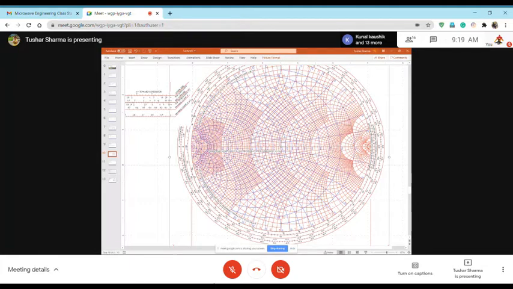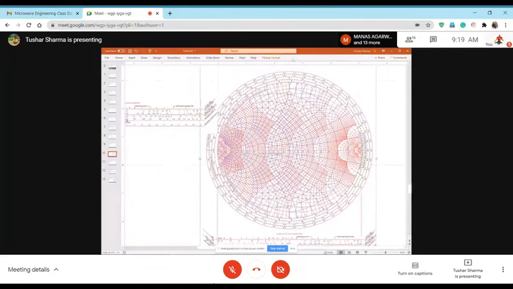If you see on this Smith chart, the upper values here 0.8, 0.9, 1, 1.2, 1.4, 1.6, 1.8, these are all admittance lines. So if I am on this circle r equal to 1 and I'm moving up and up, I'm just changing the admittance of my impedance, which means my reactive part is changing.